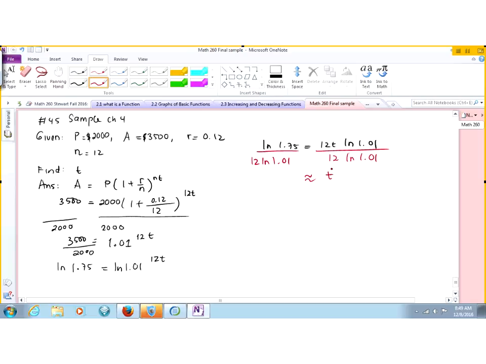Yes. All right. Can you give me an approximate time? What is this time? t equals ln 1.75 divided by 12 times ln 1.01. Yeah.